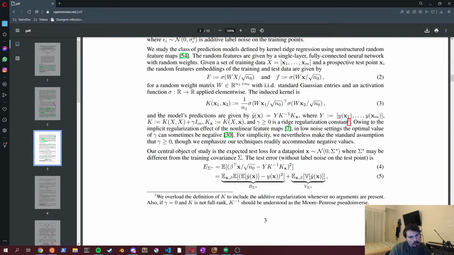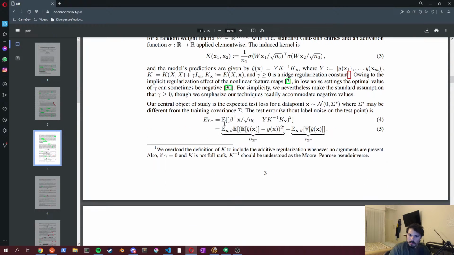Okay, no, I must have that wrong, because these are like the true labels for x. So for some reason you can write the true labels of x in terms of these functions. I'm not sure why they're doing that.